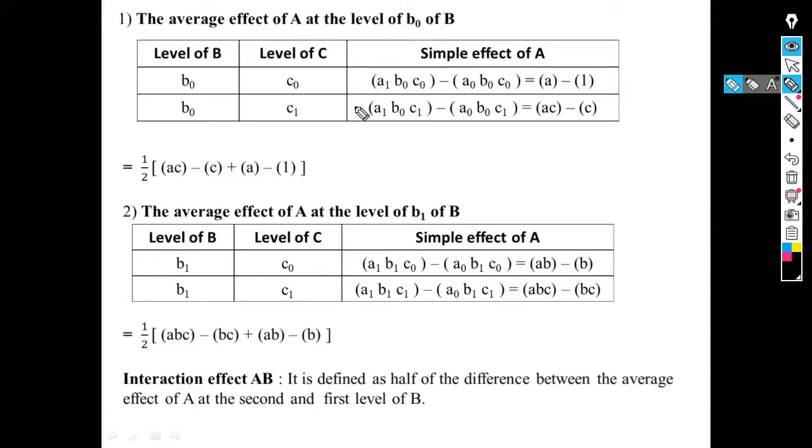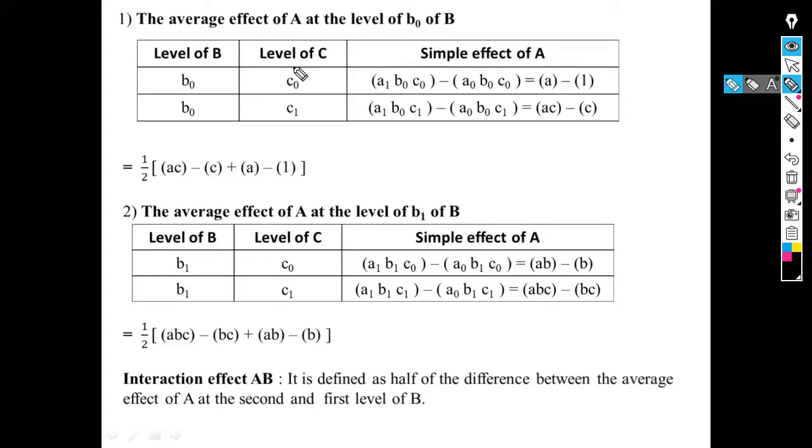To find the interaction effect, first we consider the average effect of factor A at level B naught of factor B, and then we find the average effect of A at the second level of factor B. With the help of these two average effects we find the interaction effect AB. That is why we consider the average effect of A at B0 and the average effect of A at B1.